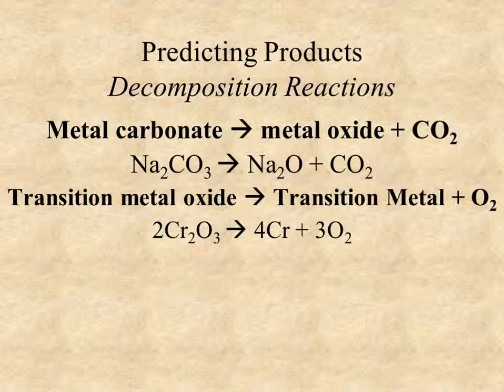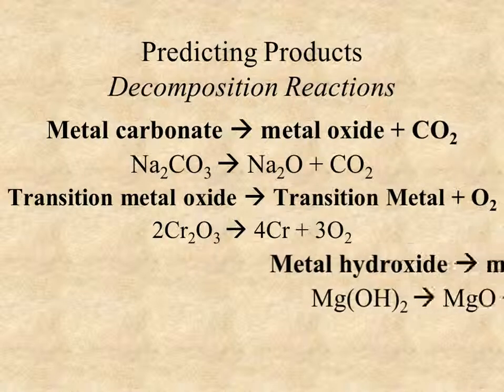Metallic oxides, specifically here we have listed transition metal oxides, but really for most metallic oxides, what you will get when they decompose is the two elements separated from one another, the metal and oxygen being diatomic. Note that it gets the 2 written after its formula as a subscript automatically.